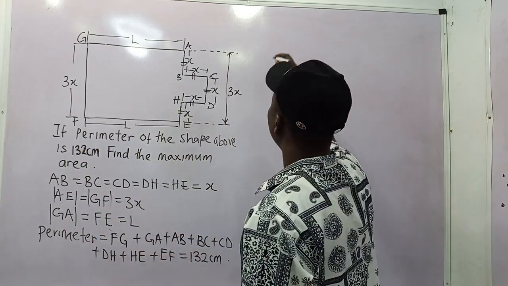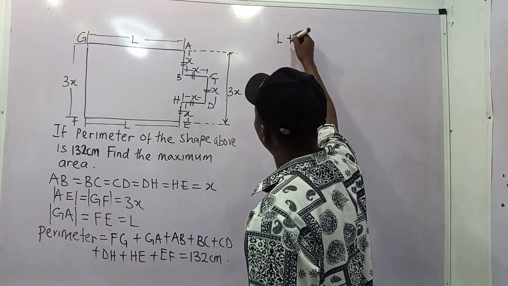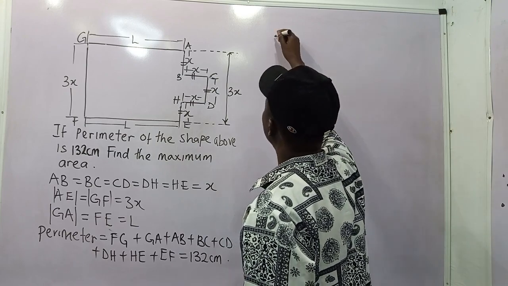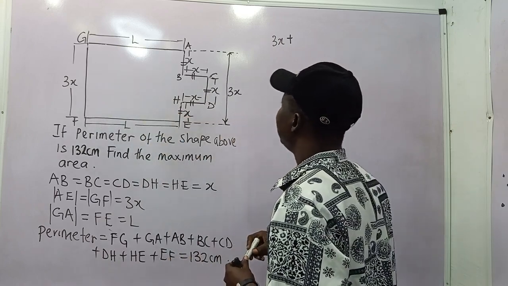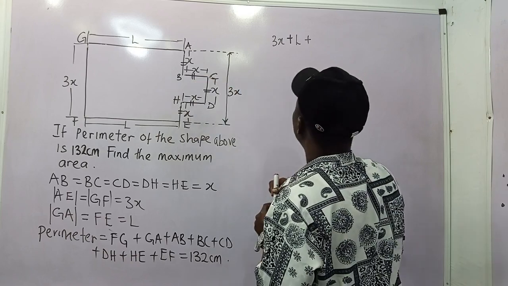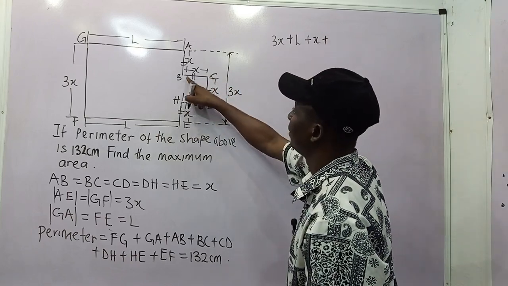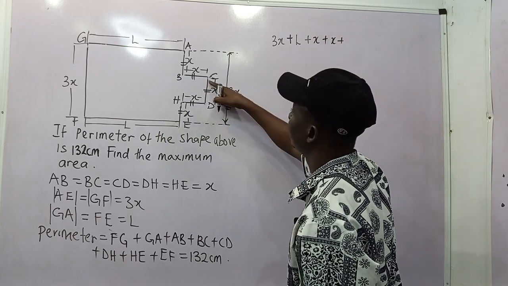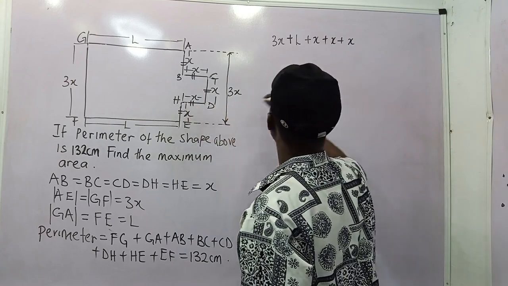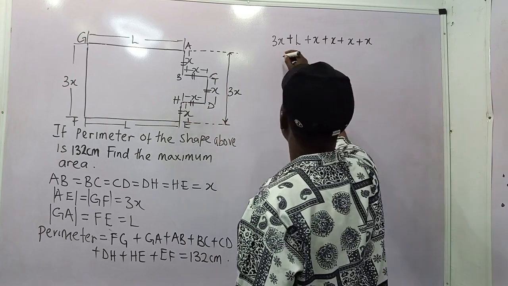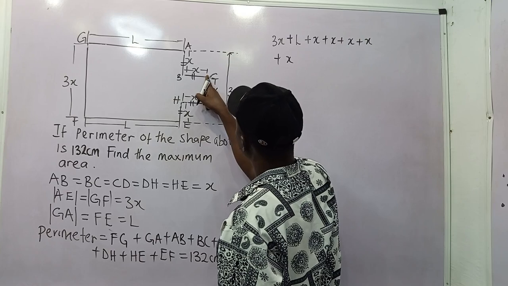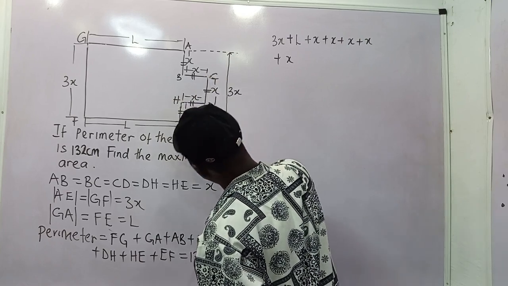So we said our FG is 3x. Then GA is L, plus AB is X, plus BC is X, plus X again, plus X again, plus X. That means we have 3x plus L plus X, 1, plus X, 2, plus X, 3, plus X, 4, plus X, 5.